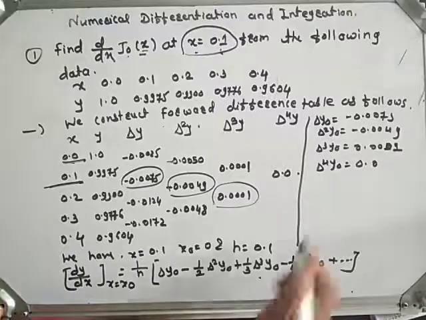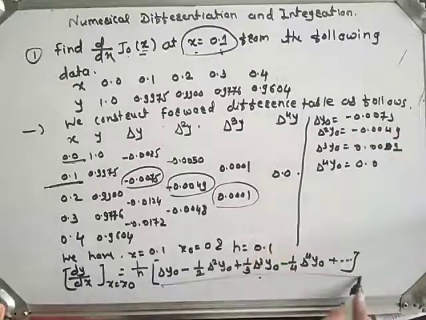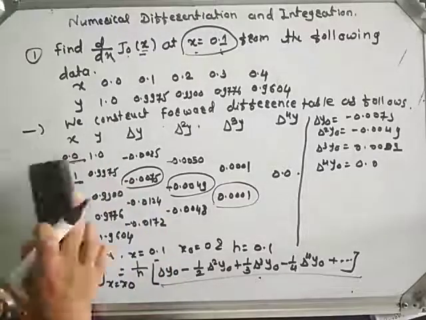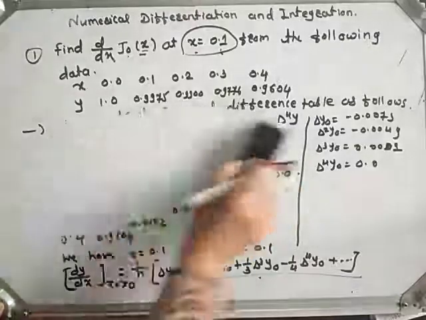Okay. Now put all these values in this formula. You will get the derivative at the point x equals x0. Okay.